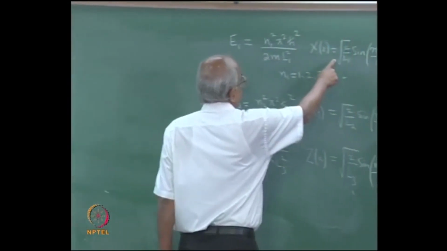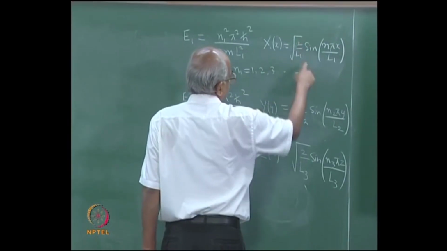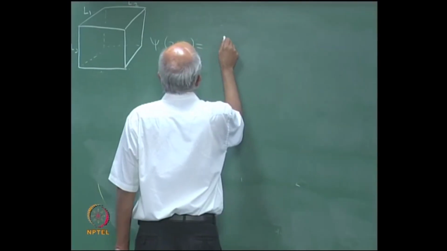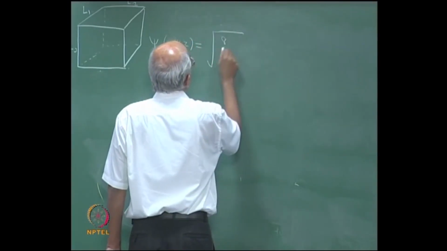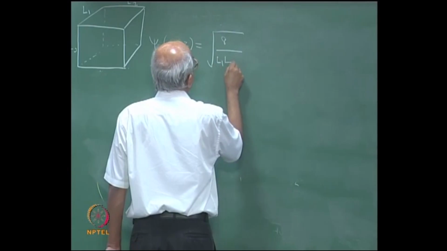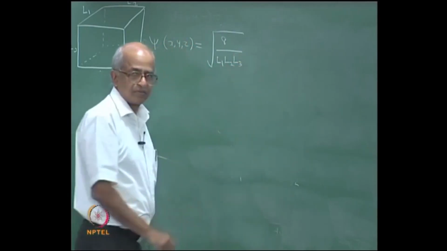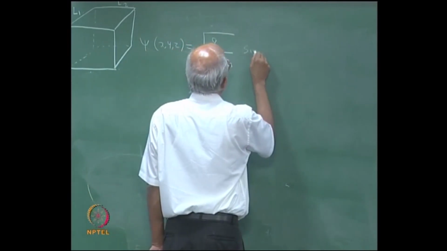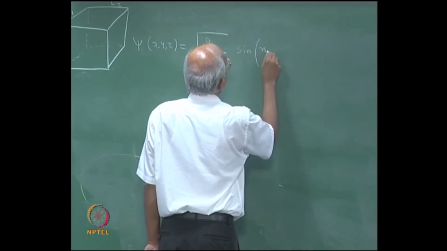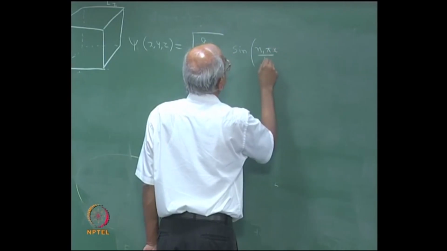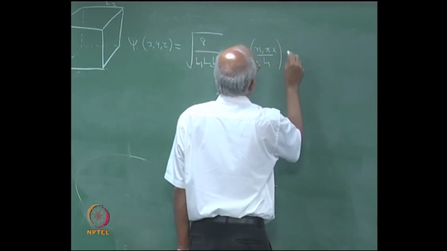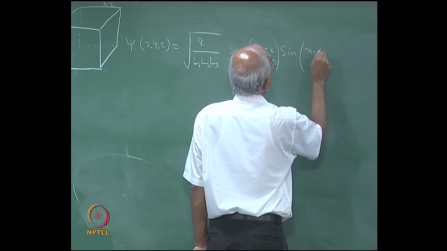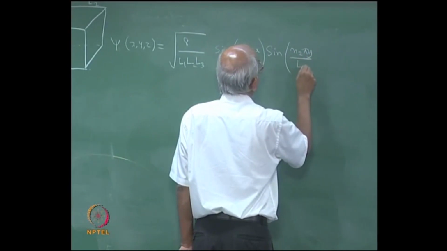If you multiply these three functions, you have a square root of 2 here, square root of 2 here, square root of 2 there. If you combine all of them, you are going to get square root of 8 divided by L1, L2, L3, right, and it is going to be sin n1 pi x by L1, sin n2 pi y by L2, and so on.